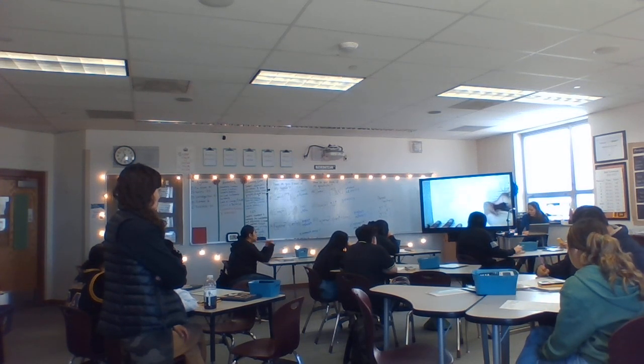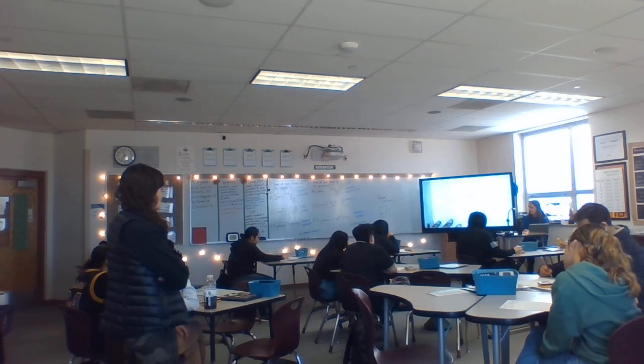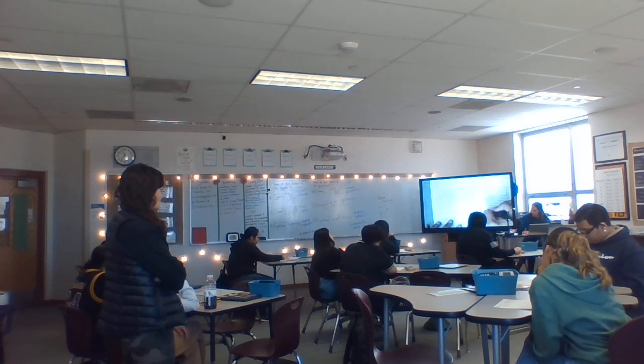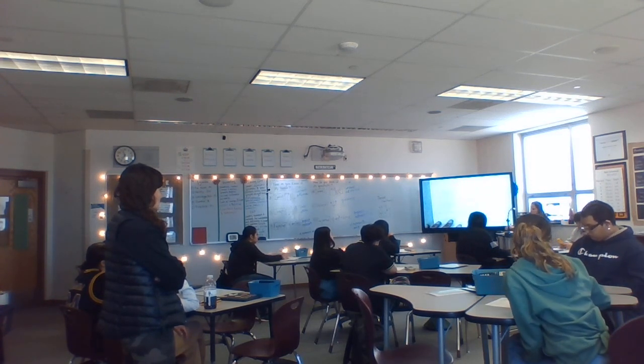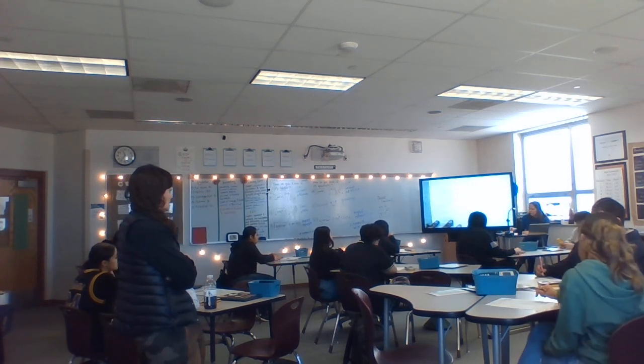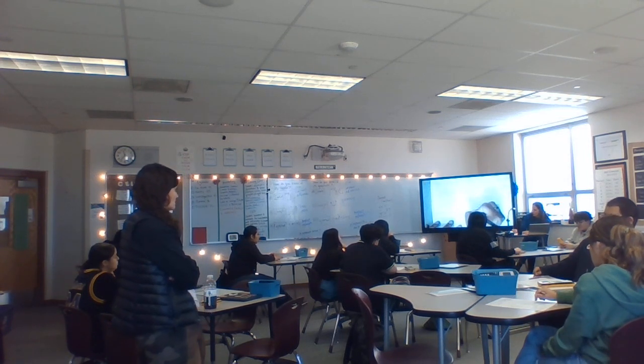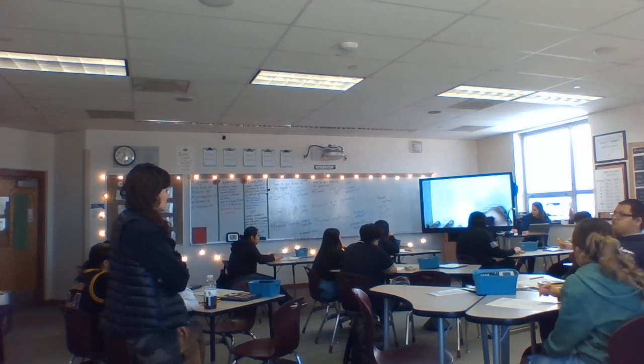I'm going to start with 1 and 7. 7 equals 7 times 1 squared, which is 7 equals 7. Is that true? Great. Let's try another point. We always want to make sure it works for at least 2 points. Otherwise, it might just be a fluke. 2 and 28. I'm going to plug in 28 for my y and 2 for my x.